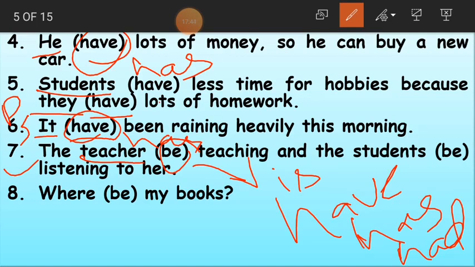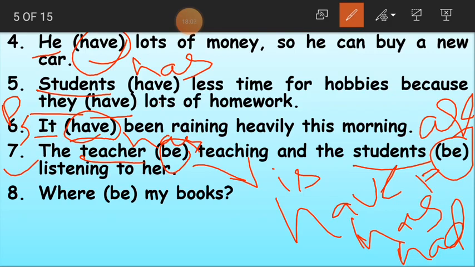Okay, students, more than one, singular or plural children? Yes, they come under plural form. And the students, instead of this be, we are going to make it as are. The teacher is teaching and the students are listening to her.